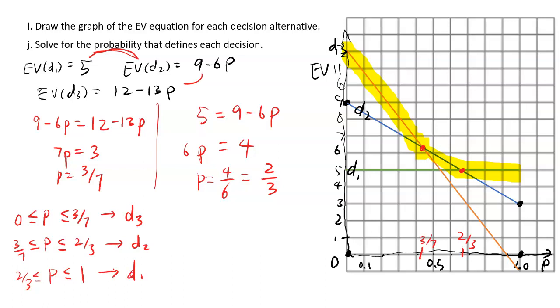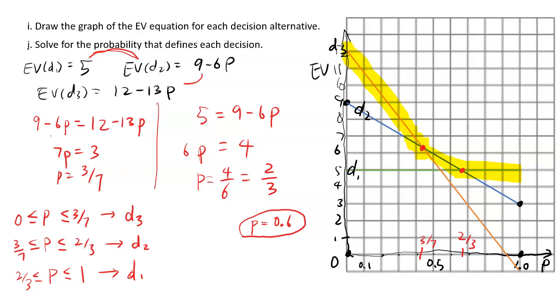Now, this actually is a result that includes our previous analysis, where it said if the probability of the competitor appearing was 60%, we should go with D2. Now look here, this is about 0.58 and this is 0.66, so this is between 58% to 66%, and 60% definitely belongs between these two, and in that case it's D2.